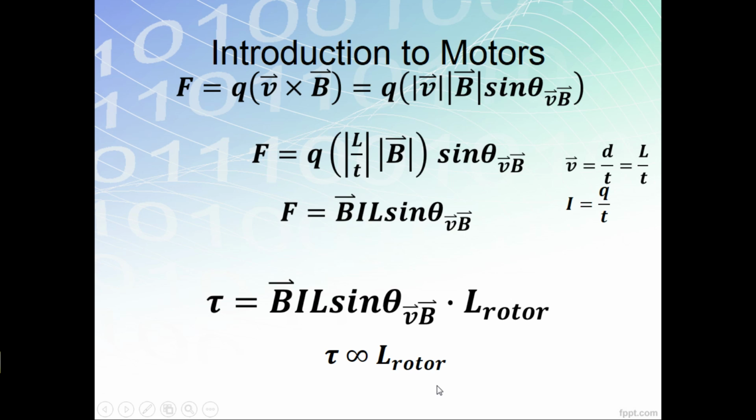Therefore, if the size of the rotor is higher or bigger, that means it is a bigger motor and it has a bigger torque. And likewise, if the length of the rotor is small, then that motor is small, and the torque will also be smaller.